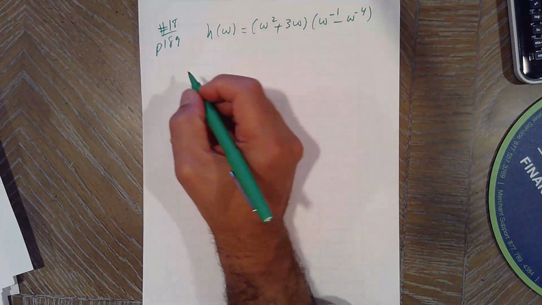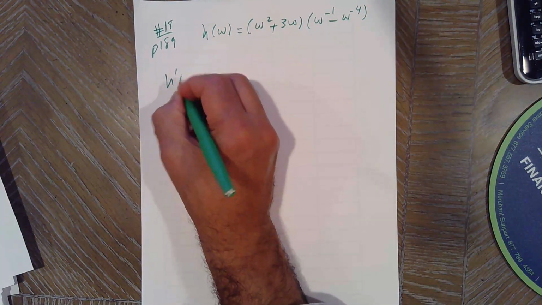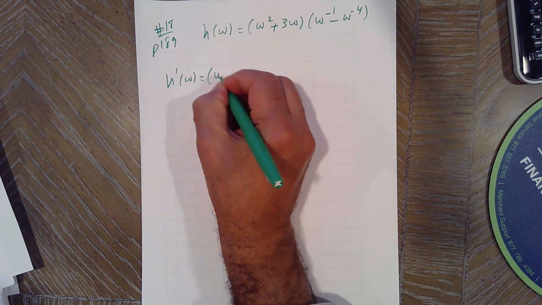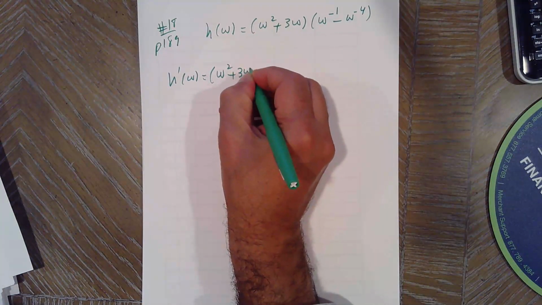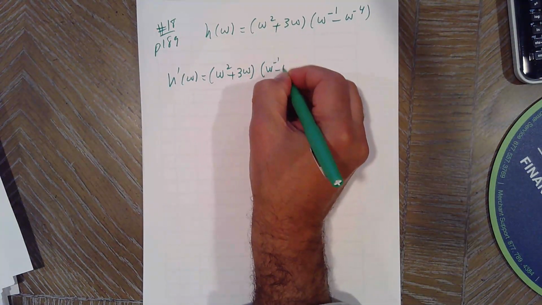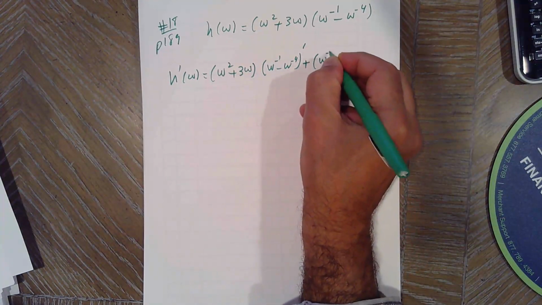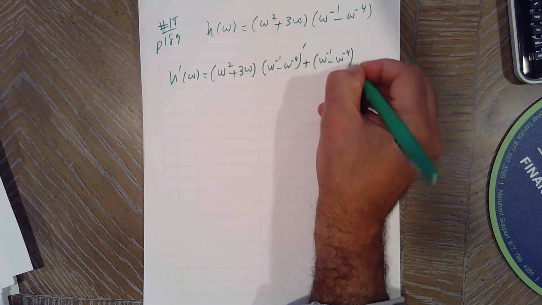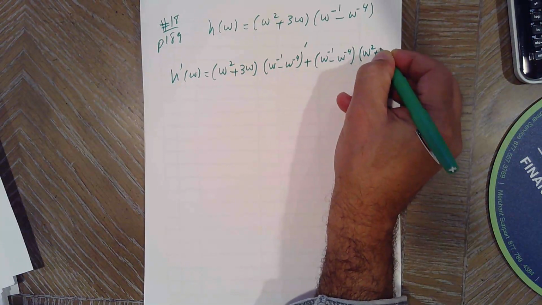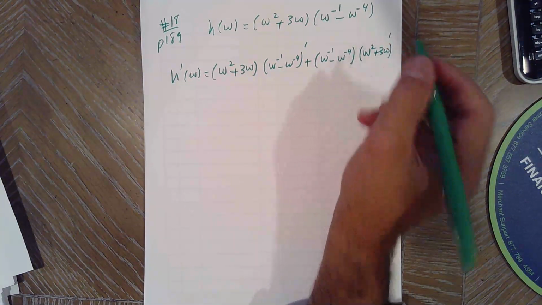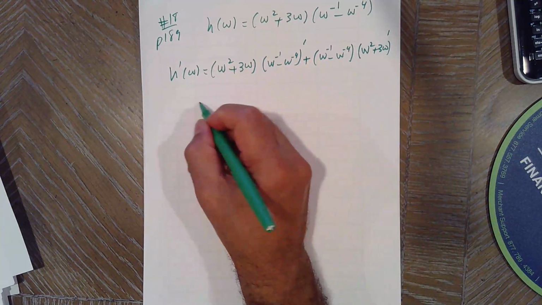Okay, sorry. So the product rule: we fix the first function times the second one prime, plus we fix the second function times the first one prime. fg prime plus gf prime.